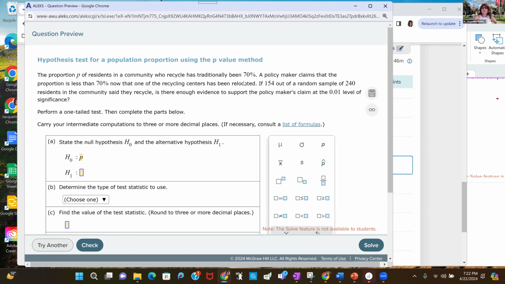So you want P equals 0.70, and then P is less than 0.70. Okay.